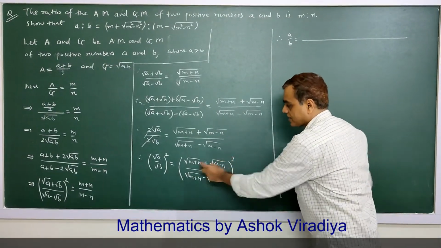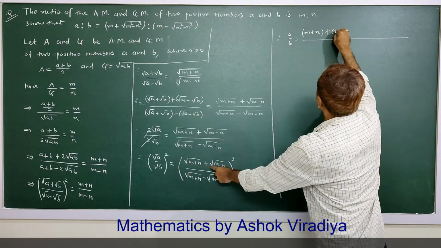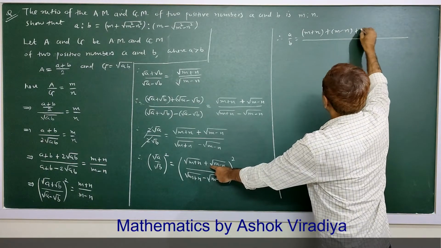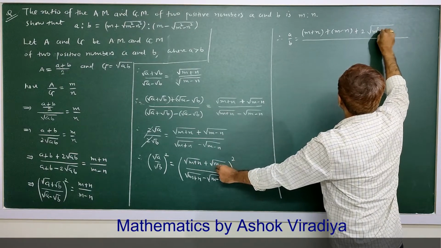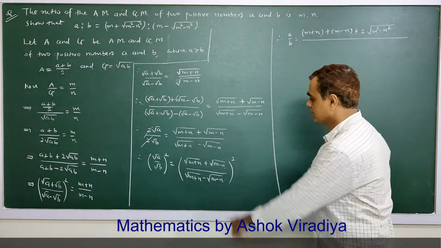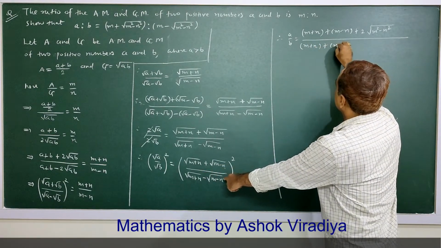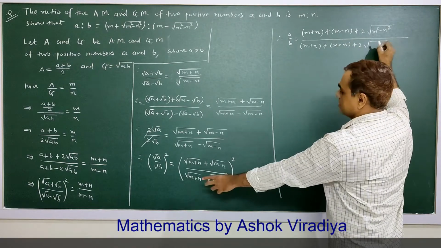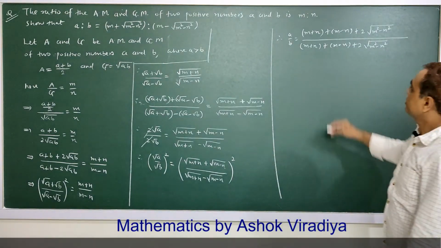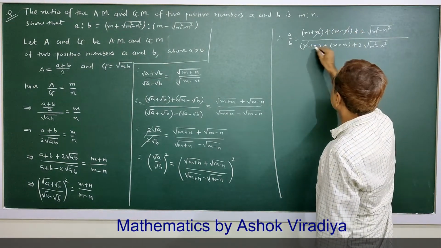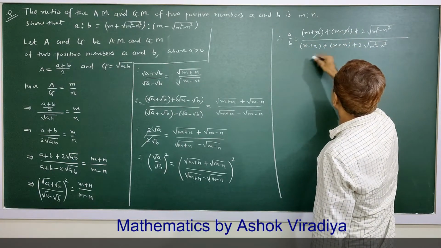(x plus y) whole square. So x square plus y square plus 2 root ab, root a into b, that is m square minus n square. Similarly here x square plus y square plus 2 root x into y, so m square minus n square. So here n is cancelled, m is cancelled.